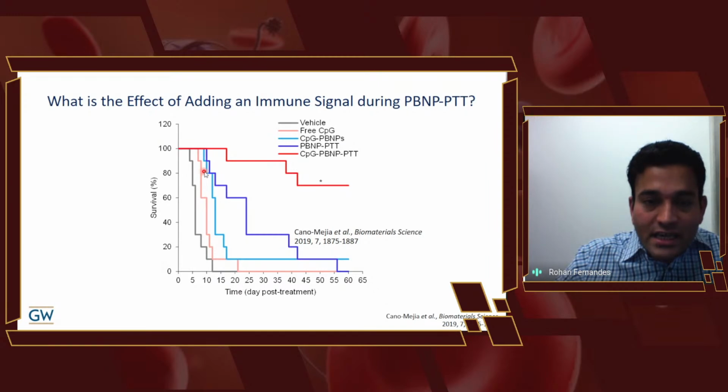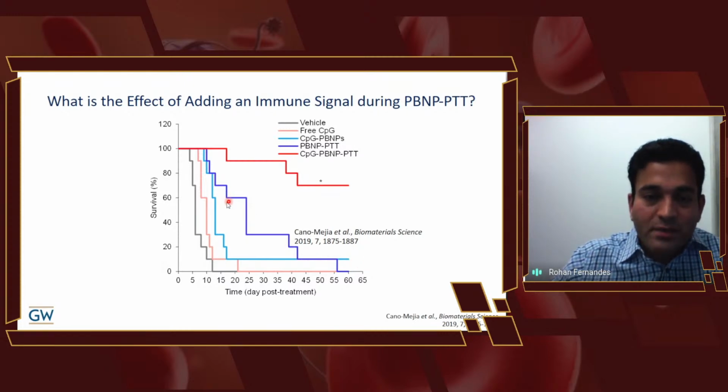If we put CpG onto the Prussian blue nanoparticles and delivered them 3 times without PTT, you do have, again, an improvement over the free CpG. So that's the benefit of using a nanoparticle for immune signal delivery. And we saw one animal surviving longer, but it eventually succumbed to tumor burden around day 70.